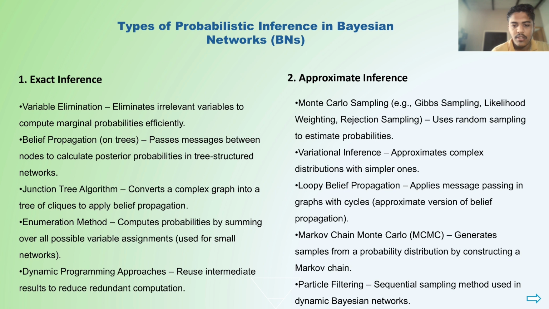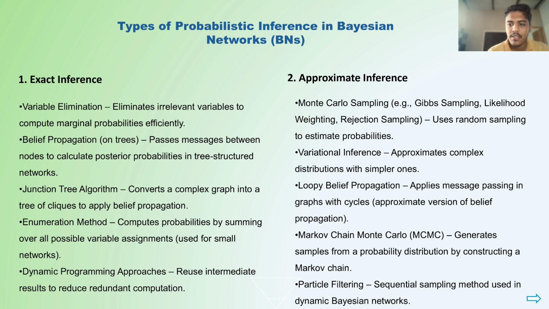Belief propagation passes messages between nodes to calculate probabilities in tree structured networks. Junction tree algorithm converts a complex graph into a tree of clusters to apply belief propagation. Summation method: compute probability by summing over all possible variable assignments. Dynamic programming approaches, reusing intermediate results to reduce redundant computation.